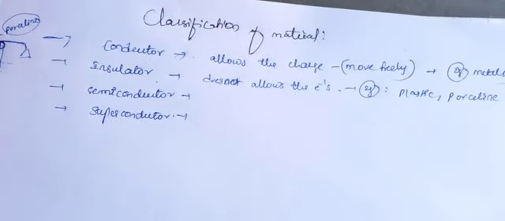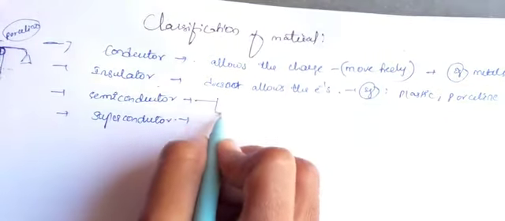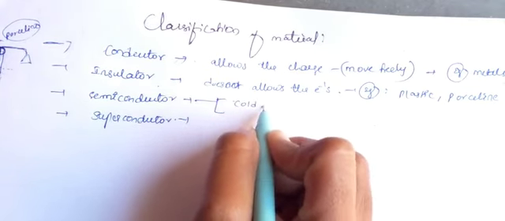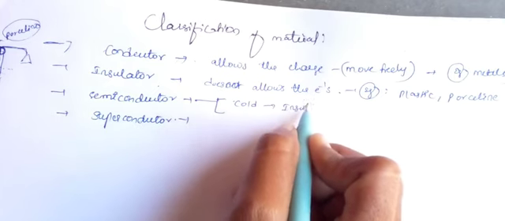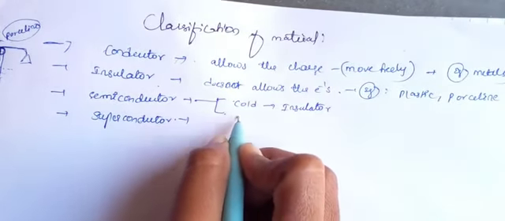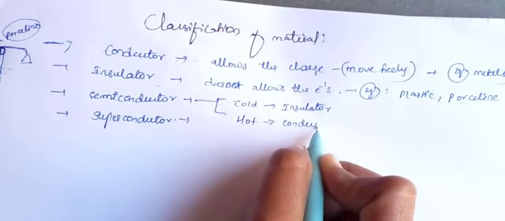Okay, now semiconductors means some materials which act as an insulator and also as a conductor. Those materials which are in the cold condition act as an insulator, and in the hot condition they act as a conductor.